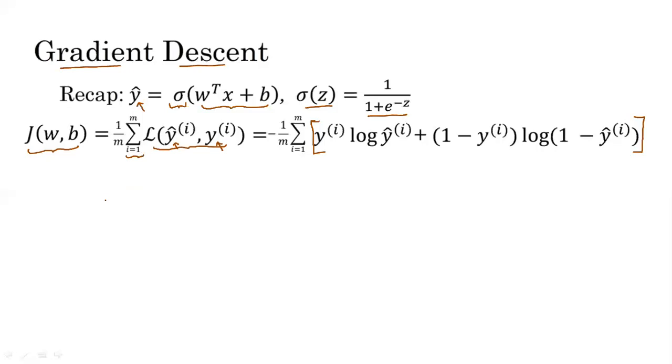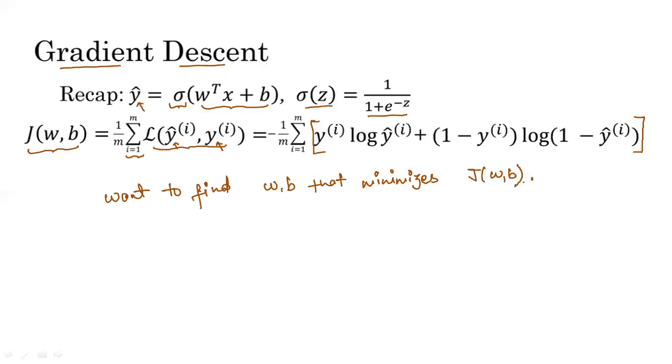Our objective is we want to find W and B, that is our parameters W and B, that minimize J of W comma B.